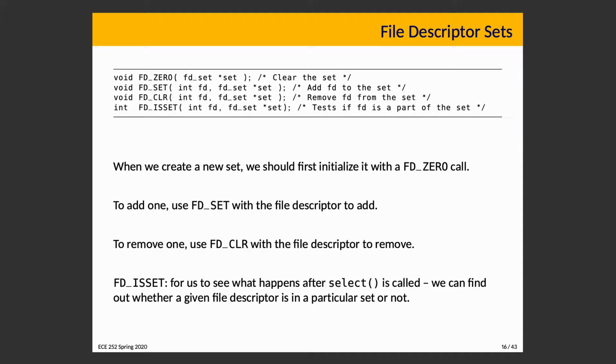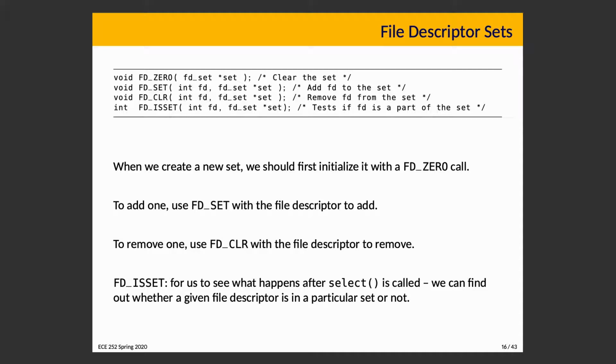When you create an fd_set structure, it is basically a requirement to initialize it with FD_ZERO, which just takes a pointer to the set that you want to initialize. It's also used to clear the set, so if you wanted to get everything out of it and start anew, you would use the FD_ZERO function for that as well.